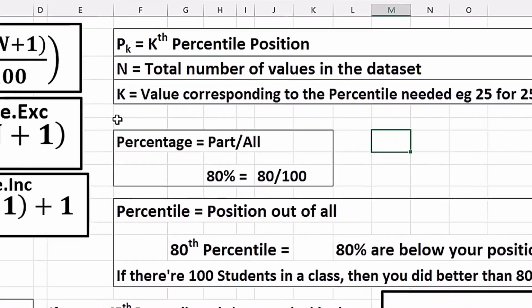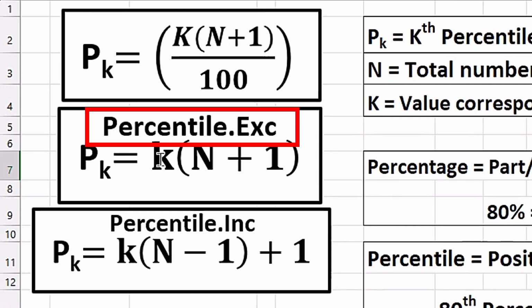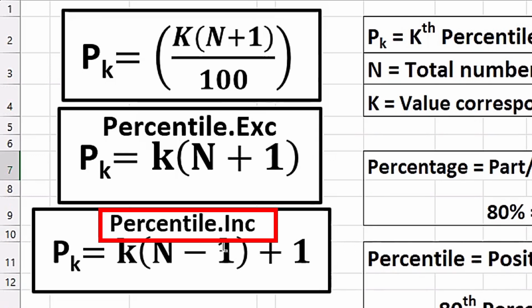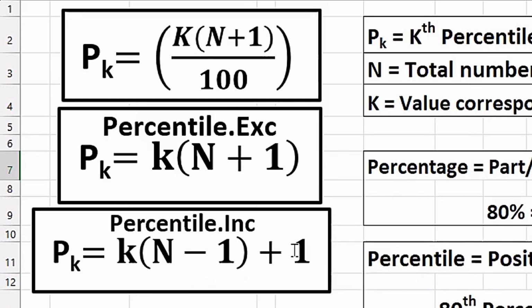There are two different Excel functions used to calculate percentile. The first function is called percentile.EXC. This EXC simply means exclusive, that is percentile.exclusive, which means it excludes something. The other function is called percentile.INC, and this INC means inclusive, so percentile.inclusive means it includes something.